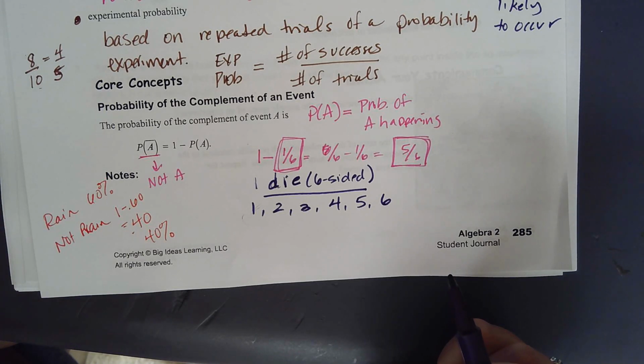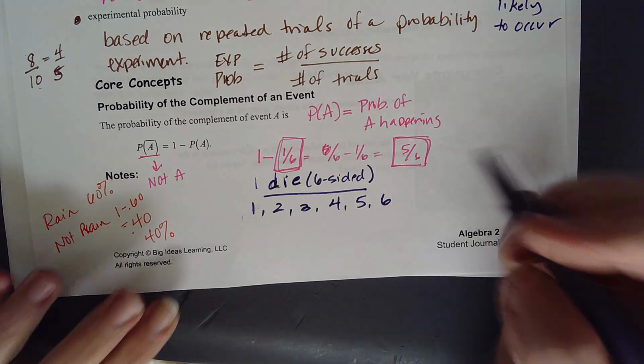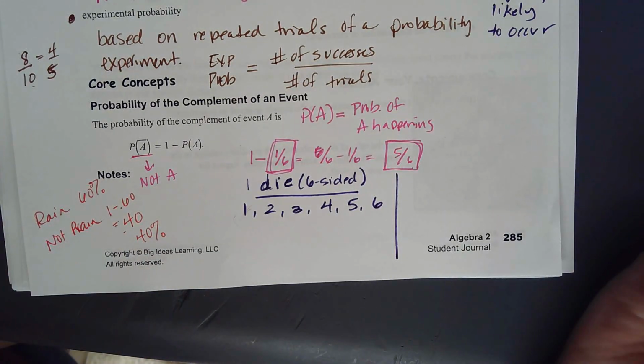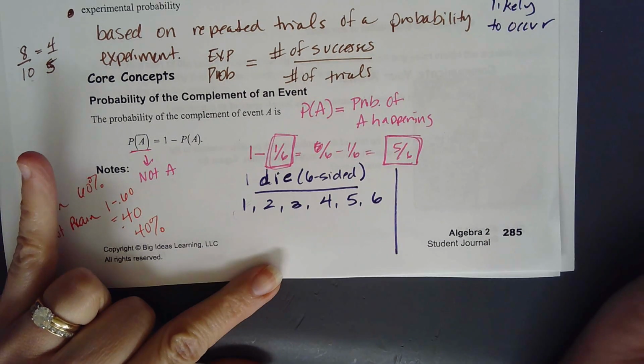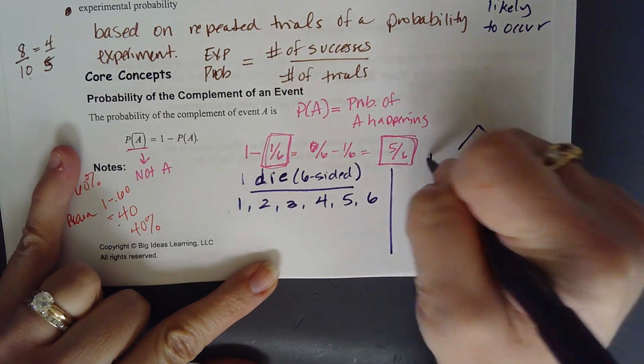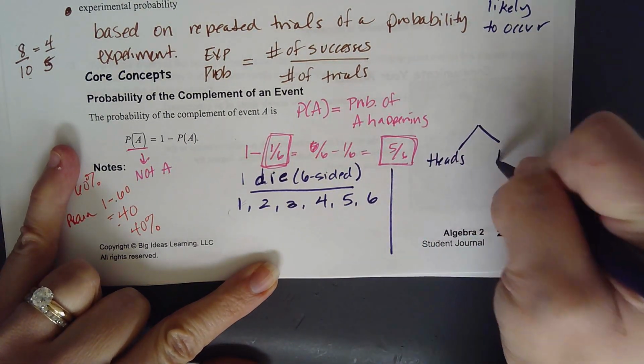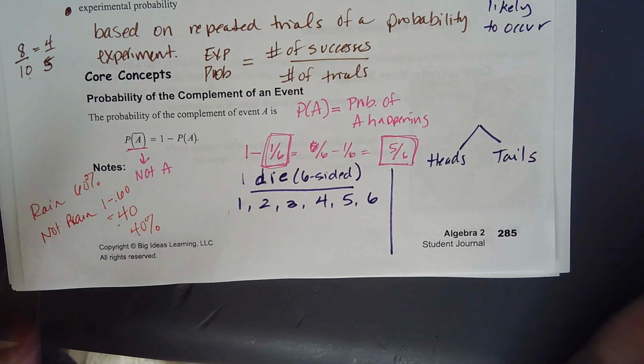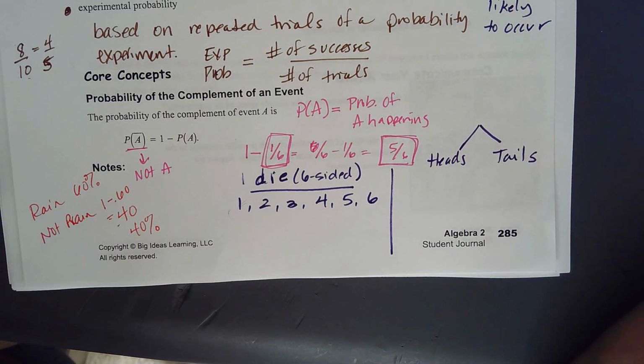Let's say I then said, okay, what's the probability? Let's do an example of flipping a coin and then rolling a die. Flipping a coin, you have 2 choices, heads and tails.